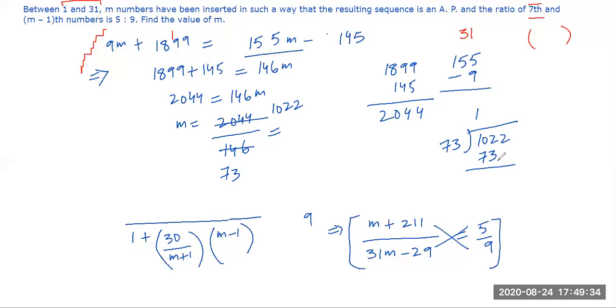It will be 14. Oh, wow, beautiful. So this is 1022. All right, God helped us. So 73 ones are 73, 73 fours are 292. So great, Ishma. Thank you very much. m is equal to 14.